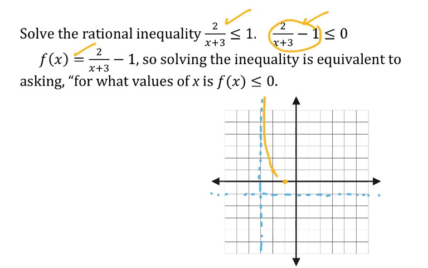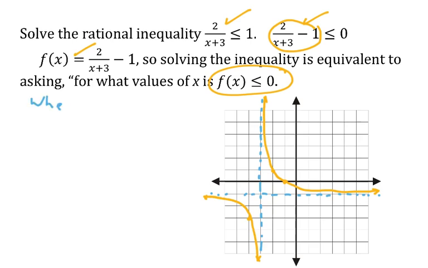This portion of the graph looks like this. And then we also had a point right here, and this portion of the graph looked like this. The inequality is equivalent to asking for what values of x is f of x less than or equal to 0.